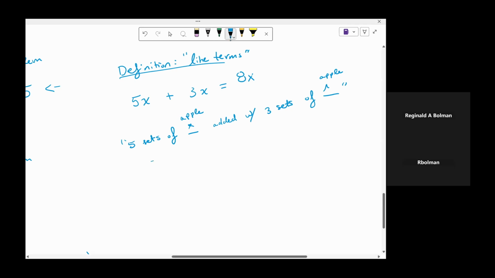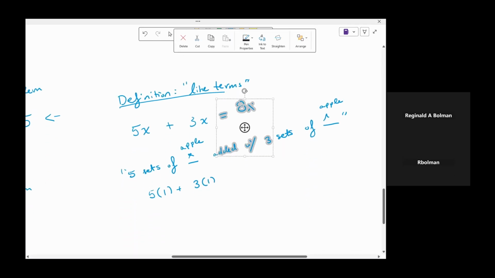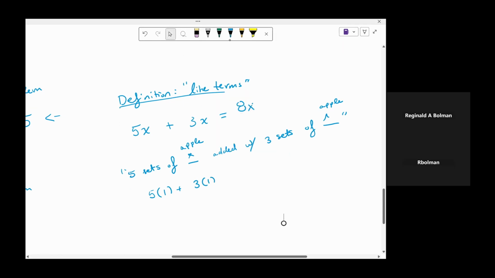Another argument that one could make would be to start giving yourself a value for x. We could ask ourselves what happens if we let x be, say, the value 1. So if you have this expression, 5x plus 3x, and we ask ourselves, what is this equal to?